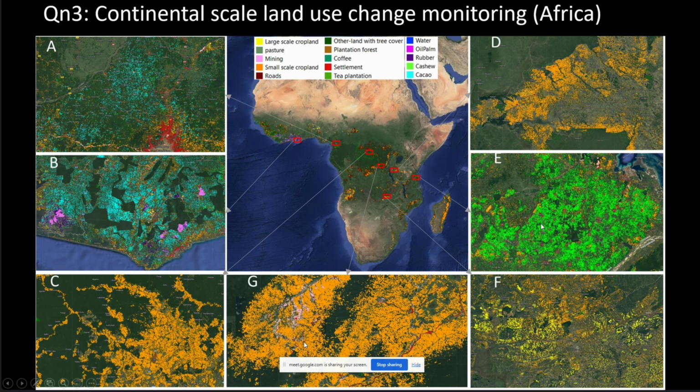You can also see cashew along the south of Tanzania and the north of Mozambique. And you also have large-scale cropland, more dominant in Zambia, and also small-scale in Pato between Tanzania and DRC.